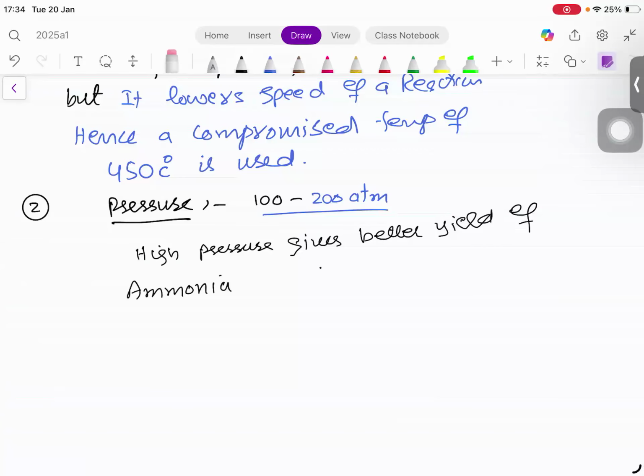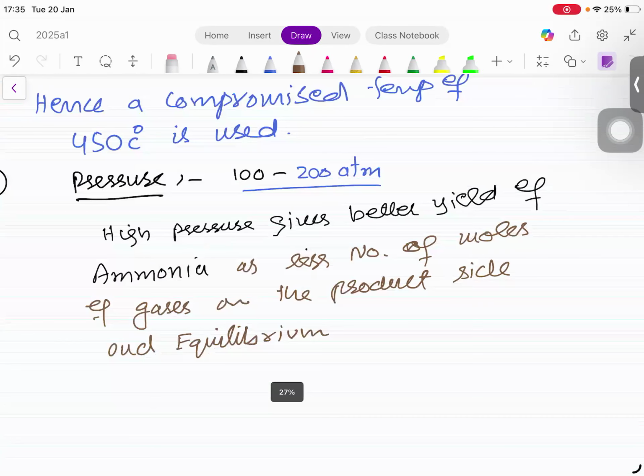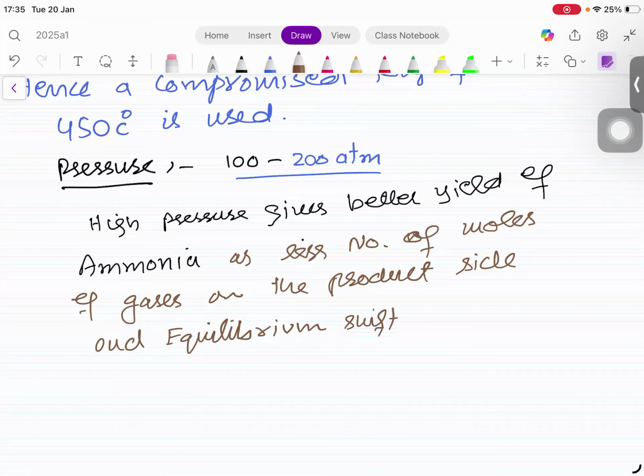Better yield of ammonia as there is less number of moles of gases on the product side, and equilibrium shifts to the right hand side by increasing pressure.